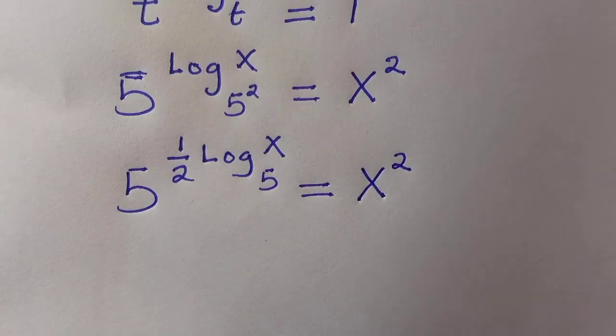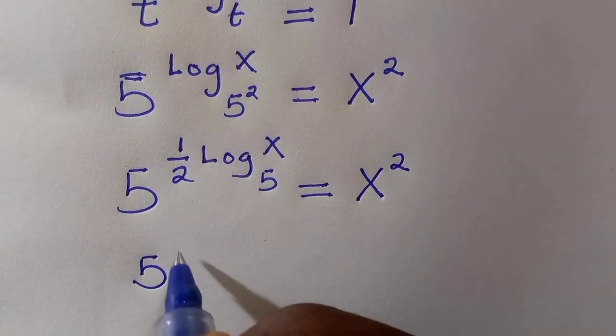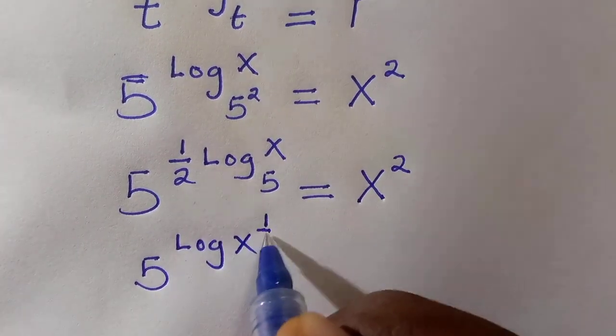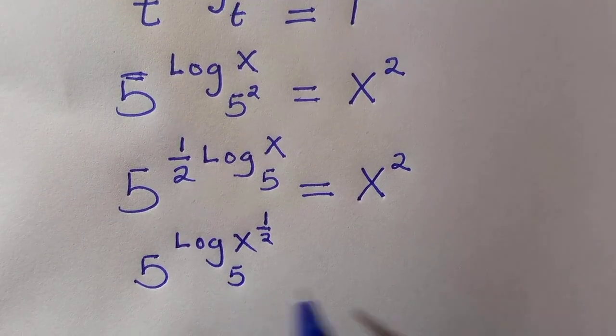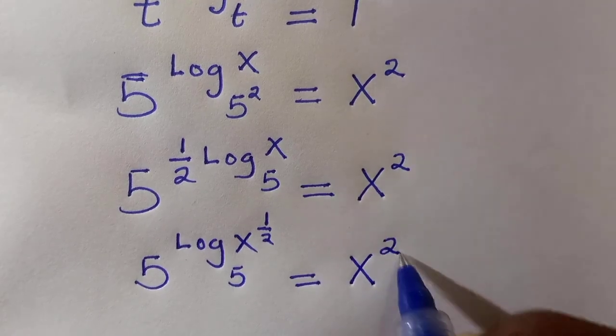And again, let's apply the second rule by transferring 1 over 2 to the power of x. Here we have 5 to the power of log x to the power of 1 over 2 base 5 equals x to the power of 2.